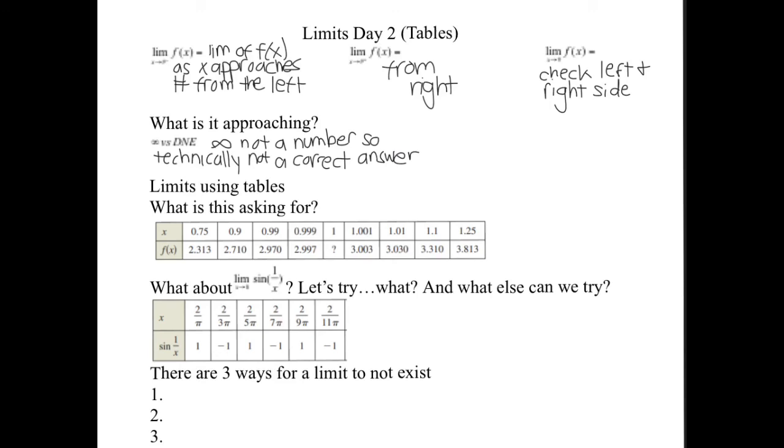There could be a case where AP will ask you a limit question, and the answer you get is infinity or negative infinity. Negative infinity or infinity may not be an answer choice, but does not exist would be. So I just wanted you to recognize that if you get infinity or negative infinity, it's under the umbrella term of does not exist.